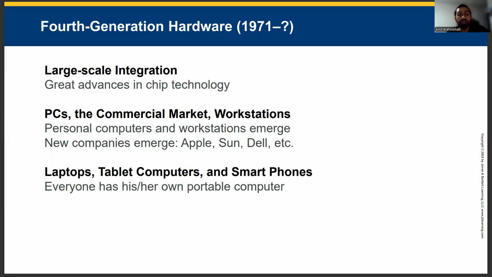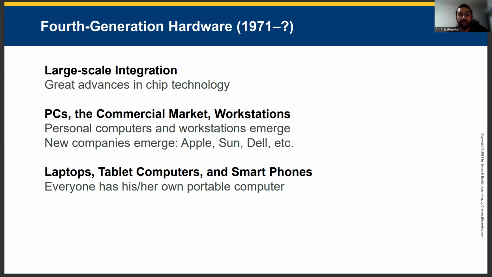The fourth generation hardware came from 71 onwards. With large-scale integration and microprocessors, we saw the rise of personal computers and workstations, and the birth of companies like Apple, Sun, Dell, etc. Over time, laptops, tablets, and smartphones gave everyone a portable computer. In parallel, networking matured from Ethernet connected PCs and file servers to LANs, and eventually the Internet.